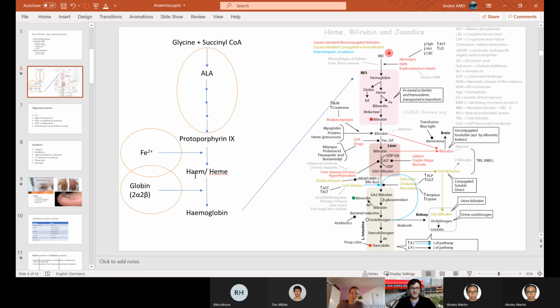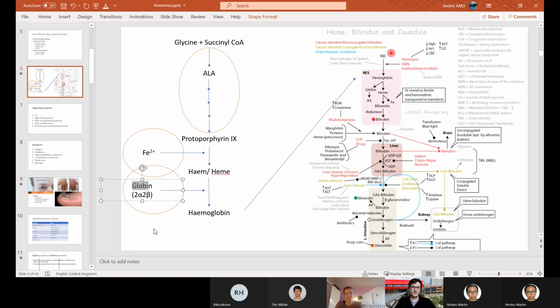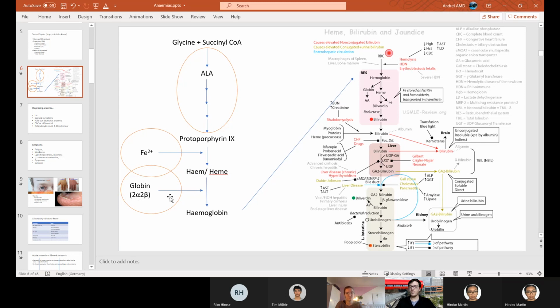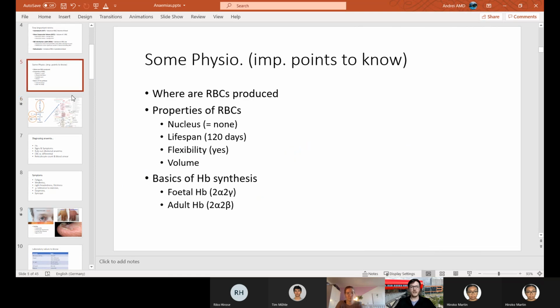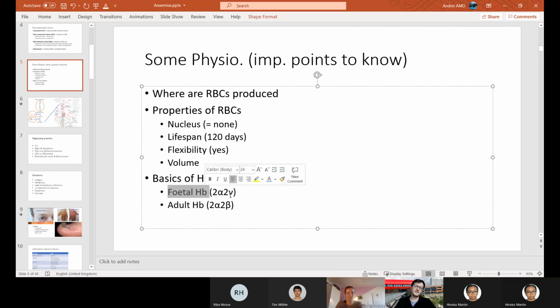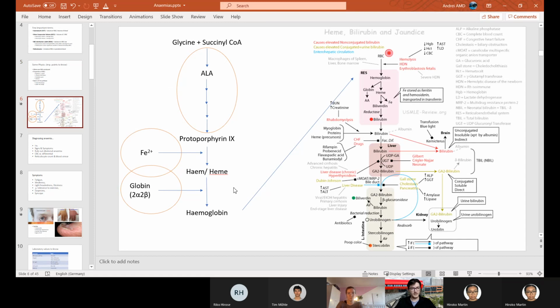Well, we take this and we put it into a protein with 4 subunits. This protein, globin, is usually made up of 2 alpha and 2 beta chains in adults, right? We saw earlier that in fetuses and in neonates, you have a little bit of 2 alpha, 2 gamma. The gamma one is the different one.